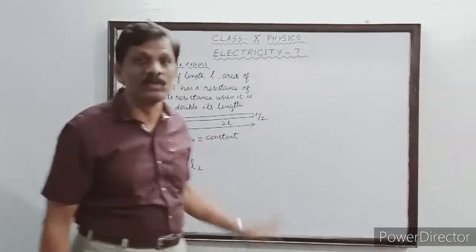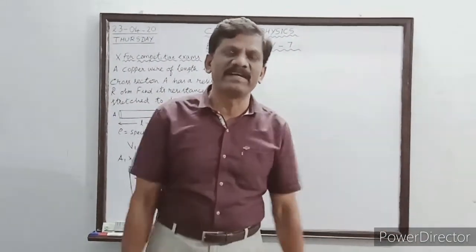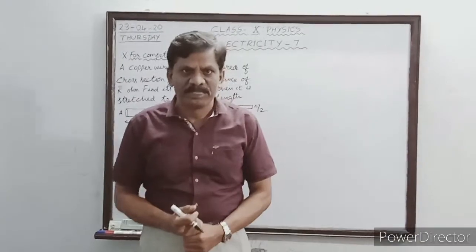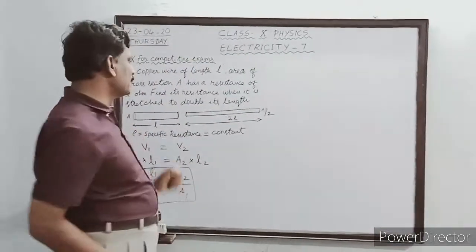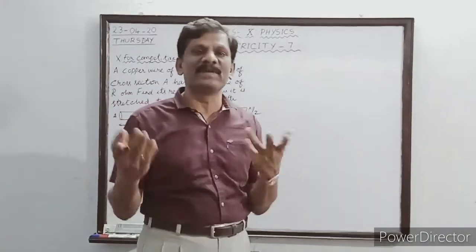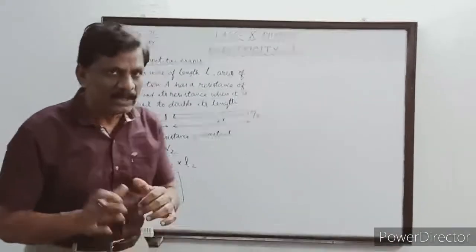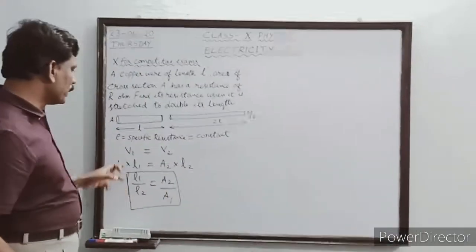I am going to prove that. Before stretching and after stretching, the volume of the wire should remain constant. Also, the specific resistance rho of the material should remain constant because it is made of the same material, copper. So this is the concept you are going to use. Okay students, you look at this.